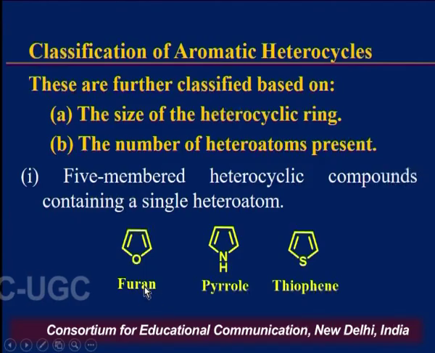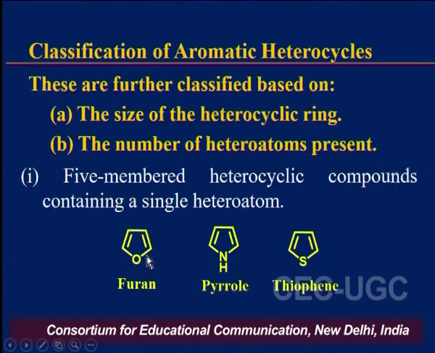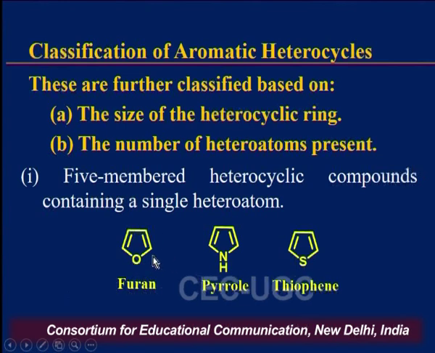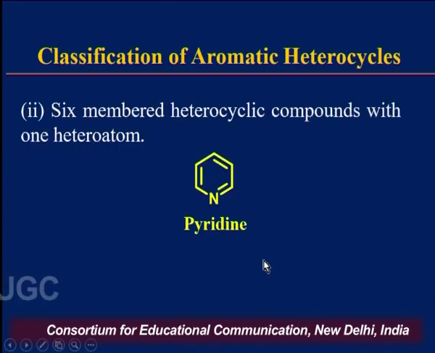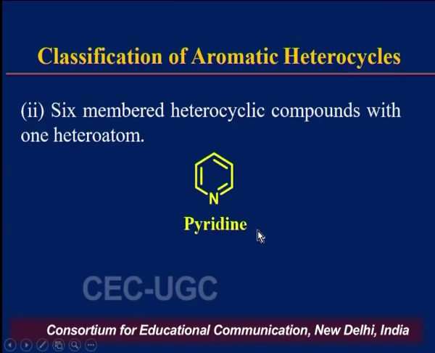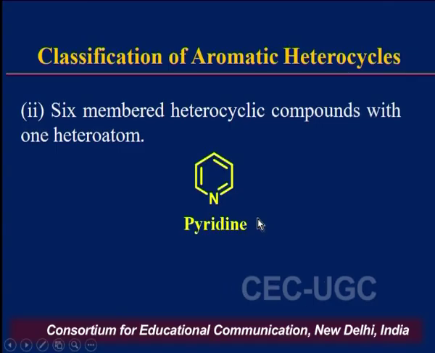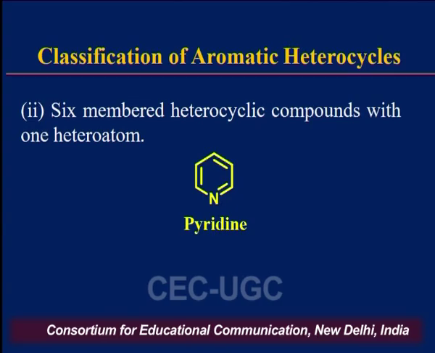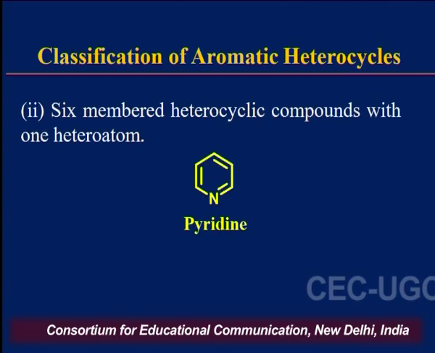Examples are furan, which has a 5-member ring with oxygen as the only heteroatom, pyrrole and thiophene. The second category is when the ring size is 6-member and it has only one heteroatom. The example is pyridine, a 6-member ring with nitrogen as the heteroatom.